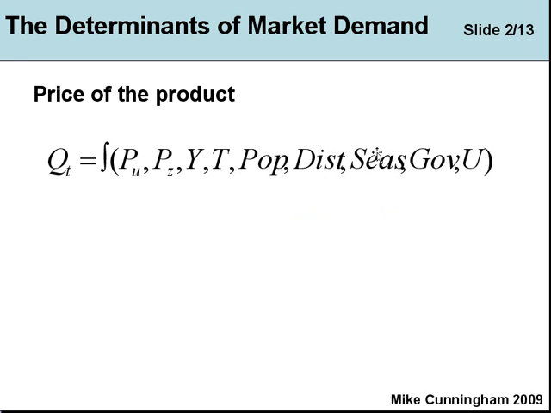Depends on the seasons as well. We consume more energy in winter, more electricity and more gas. Depends on the government policy. It might try to discourage us, for example, from consuming alcohol or smoking cigarettes. And the last one, U, well, U doesn't stand for anything.